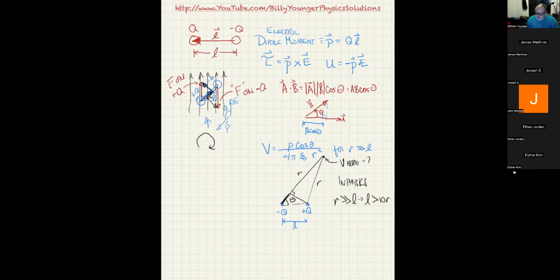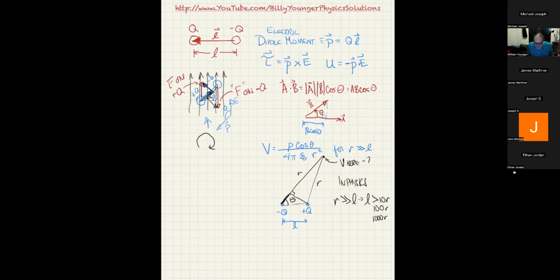In other words, L has to be at least 10 times bigger, but really we prefer 100R or even 1000R would be better. So that's when we use things like R much greater than L. That's what we mean in physics by that.